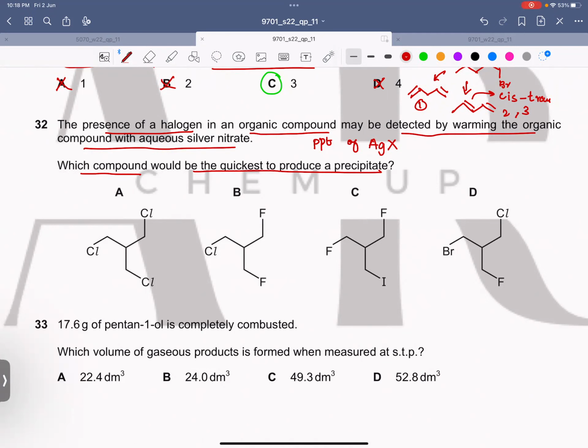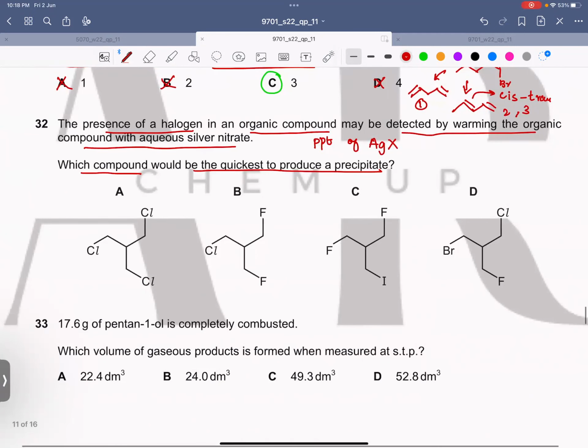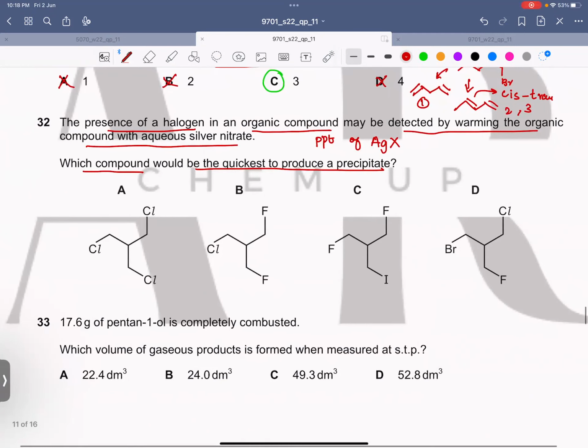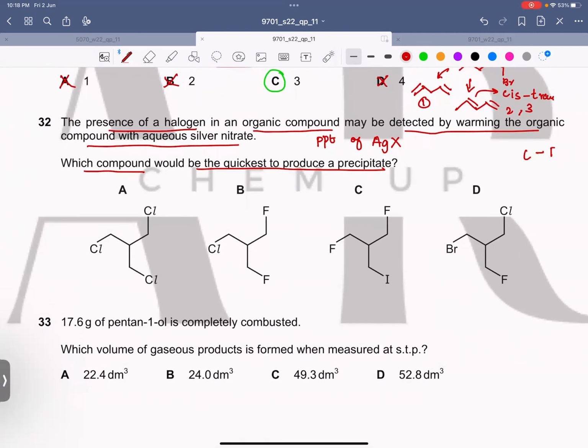Okay, so if you recall, as we move down the group, the atomic radius of the halogen increases, due to which carbon-chlorine has the strongest bond. Carbon-bromine has a weaker bond than that, and carbon-iodine has the weakest bond.